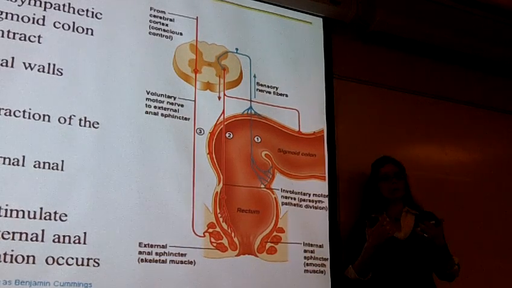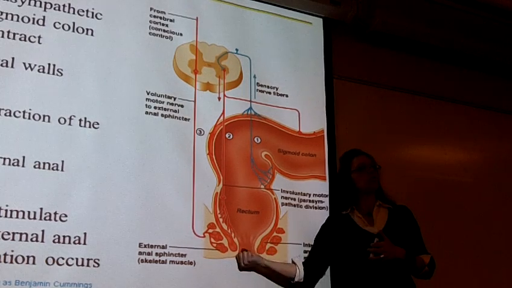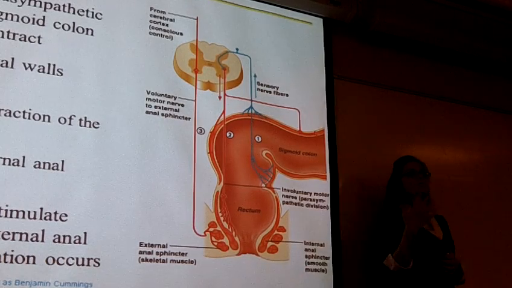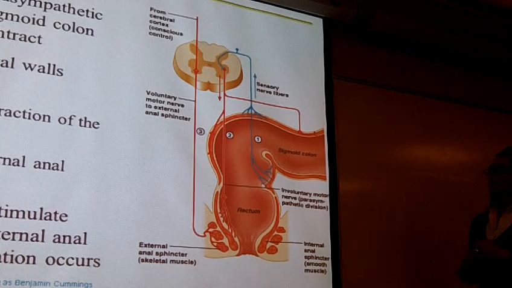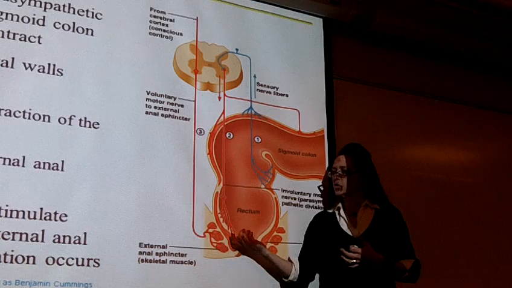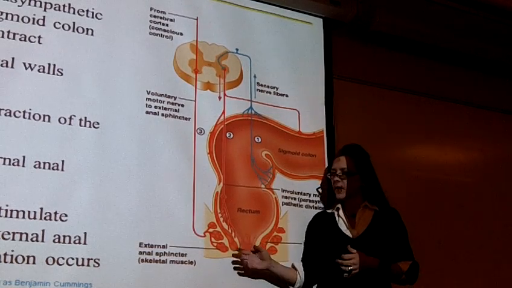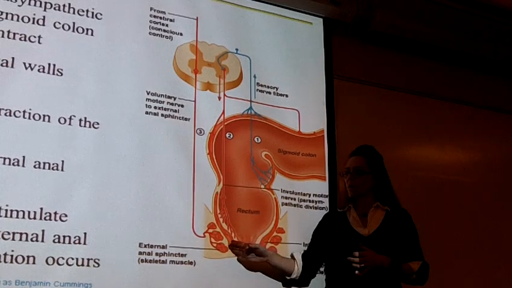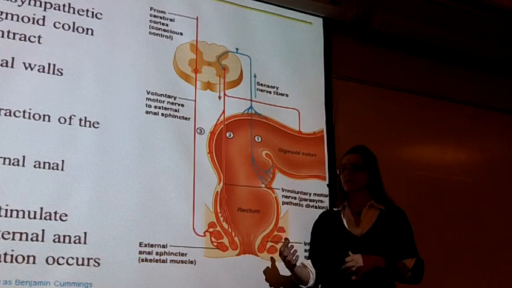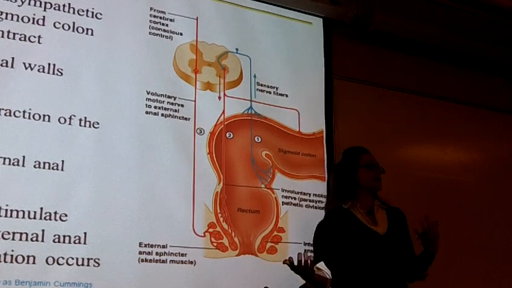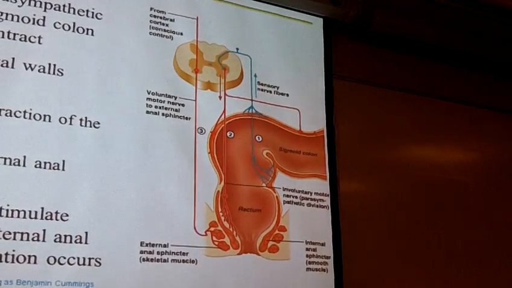When you get older, it starts to become more difficult to keep these sphincters contracted. So as you get older and you start to lose the number of neurons that you have, then that means you're going to start to lose control over muscles. So the less neurons you have, the less able you are to keep those muscles contracted, and the more likely it's going to be for you to have accidents. So that's what we have to look forward to as we get older.